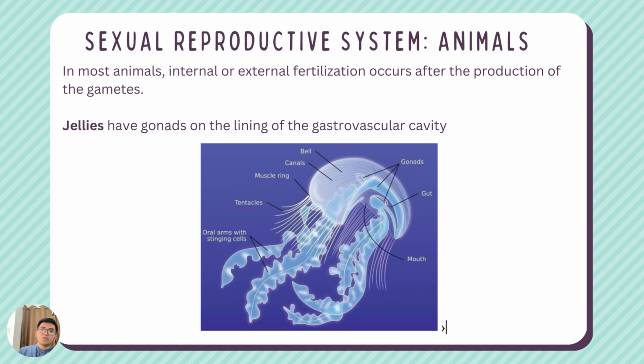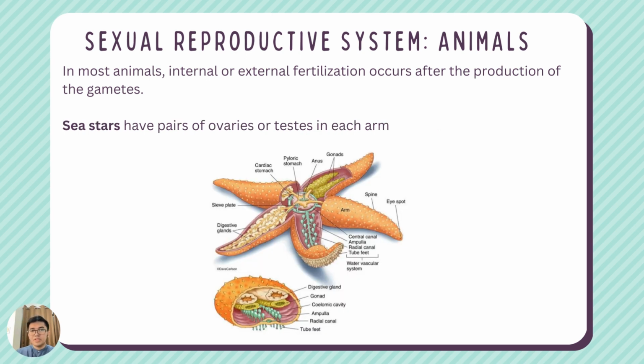Sexual reproduction in animals can either be internal or external fertilization that occurs after the production of gametes. As we can see in the picture, jellyfish have the gonads on the lining of the gastrovascular cavity.